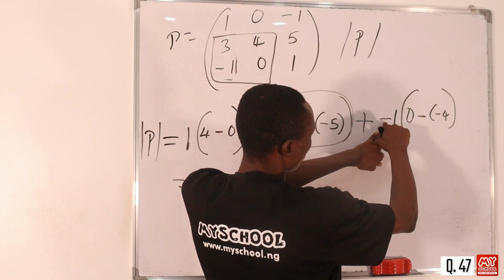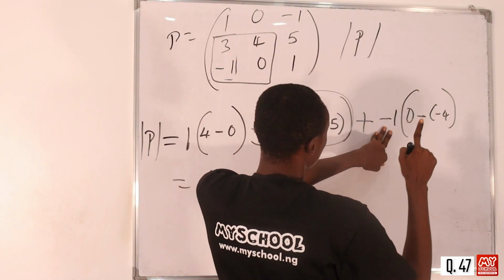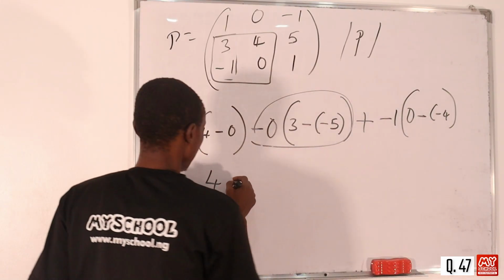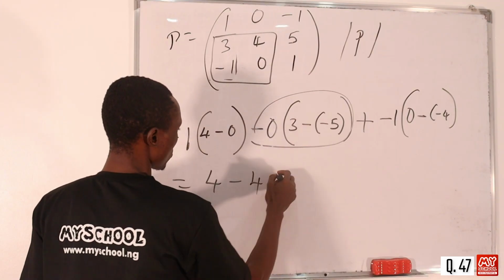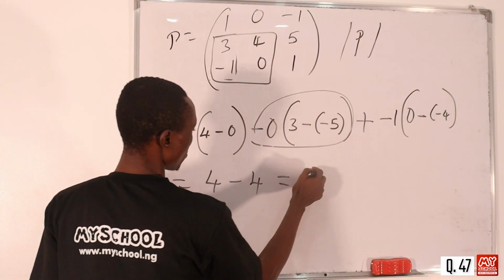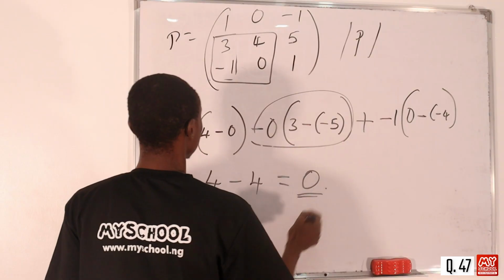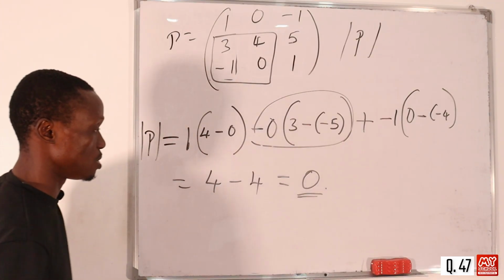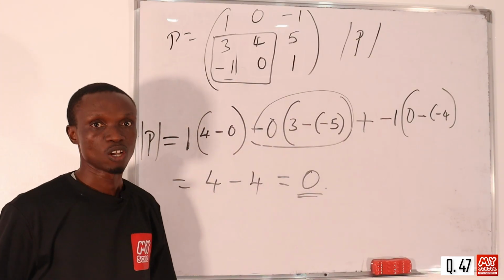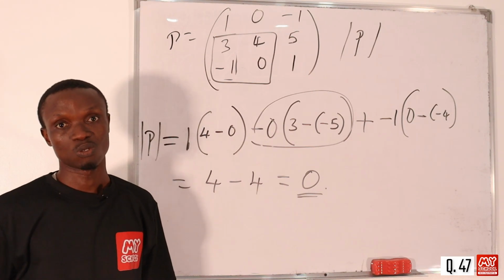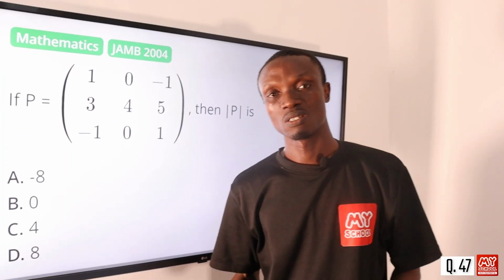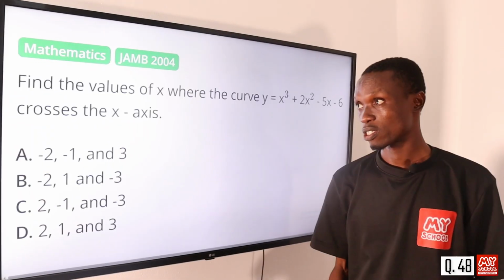Then minus 1 times 4 is minus 4. So minus 4 minus 4 equals 0, meaning that the determinant of matrix P is equal to 0. So let's return to the screen to pick the correct answer, and that is option B, 0.